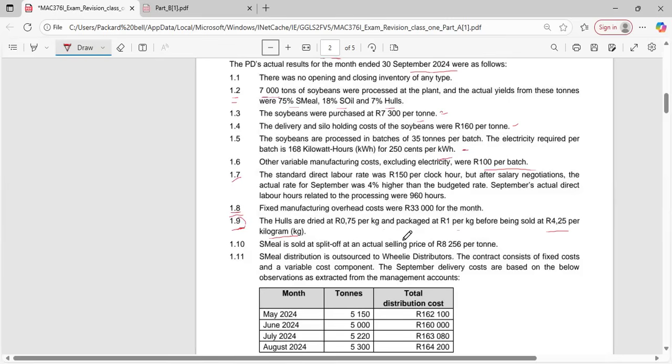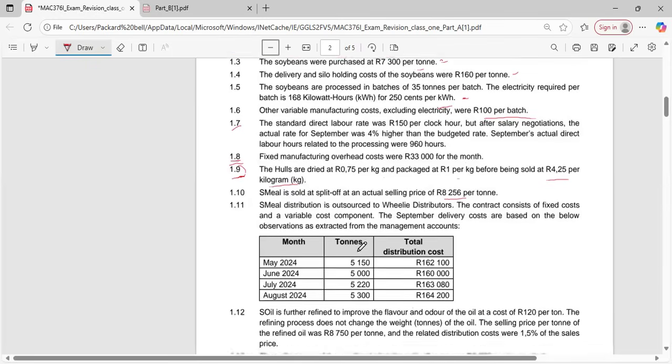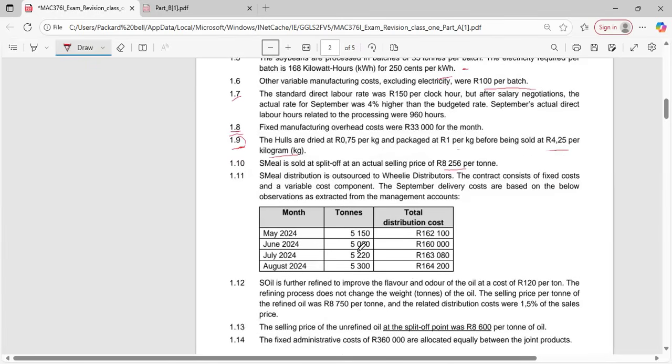So now we want the selling price at split off point. This is for the S mill. So we already have our selling price of S mill at split off point. Then 1.11 now says S mill's distribution is outsourced to wheel distributors. The contract consists of fixed costs, and the moment you read something like this, what should come to your mind is we have fixed cost and variable cost in here.